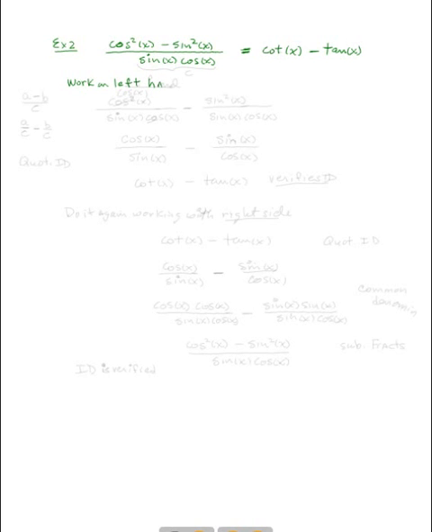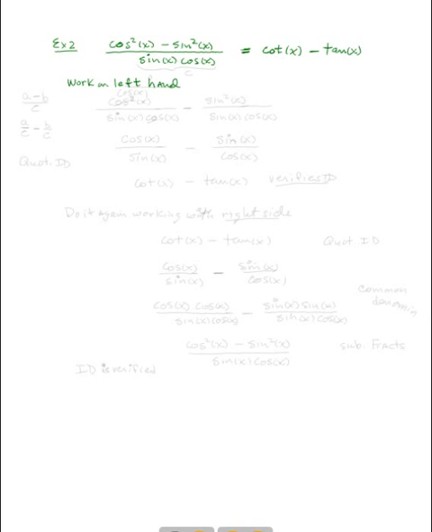And then after we finish verifying it, we'll come back and redo it working on the right-hand side. Now, of course, when you're given an identity to verify, you don't have to do it twice. But I'm just going to do it that way in this case, just so you can see that it really didn't matter. You don't have to pick the correct side to work on.